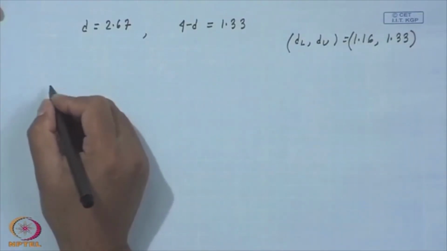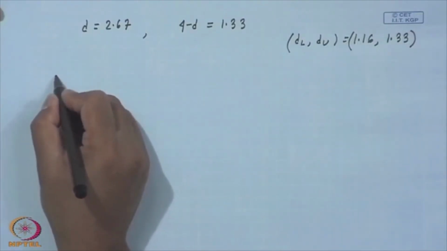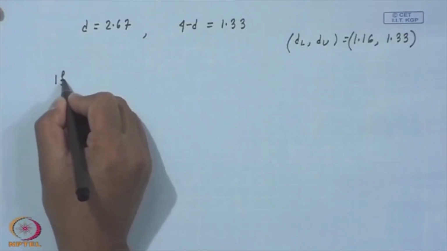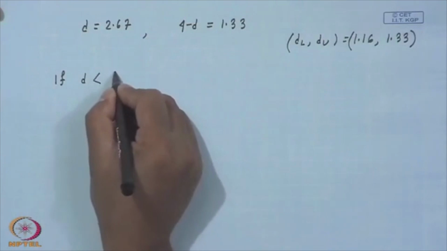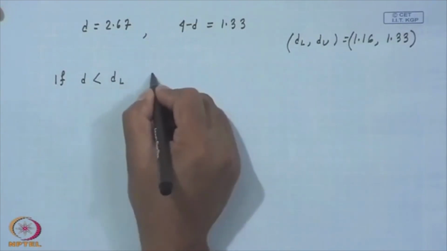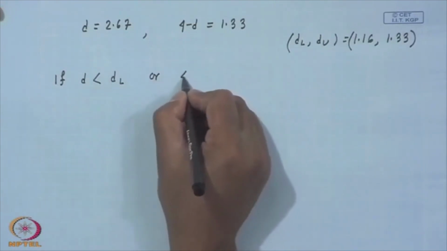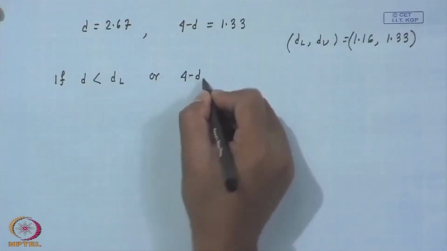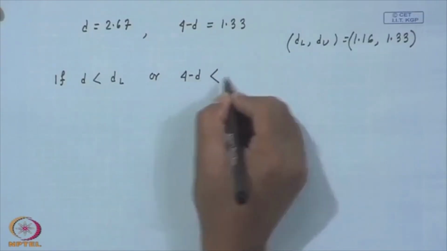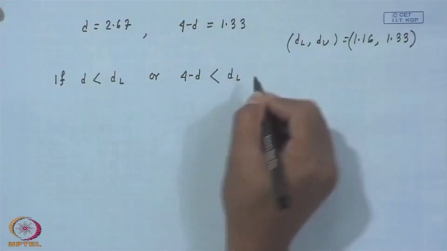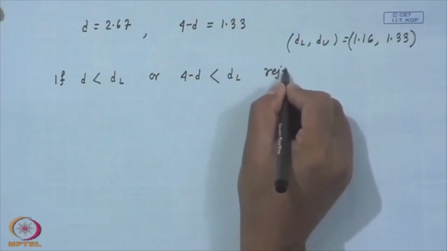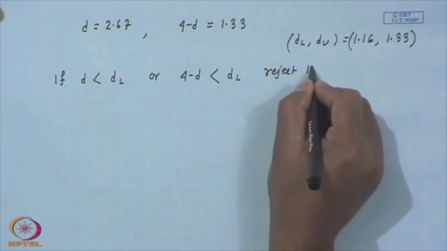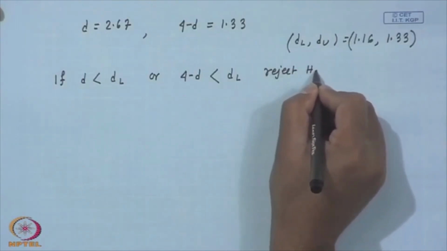So, if d is less than dl or 4 minus d is less than dl, you reject H naught.